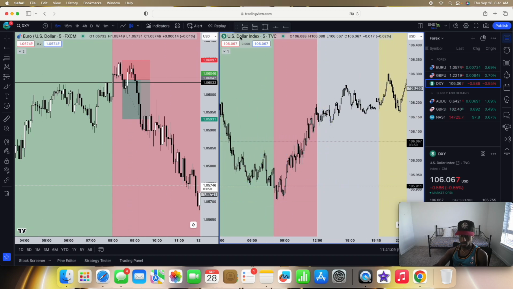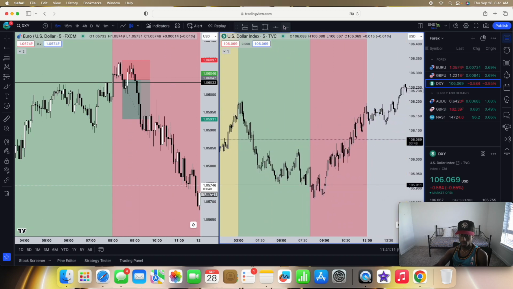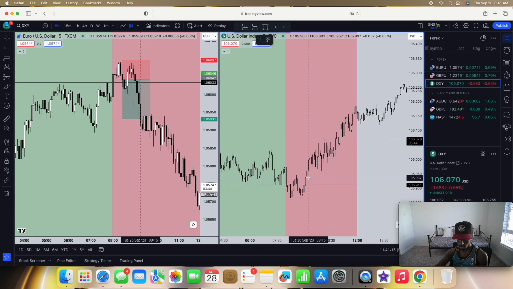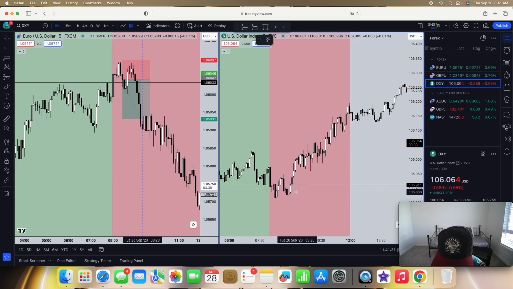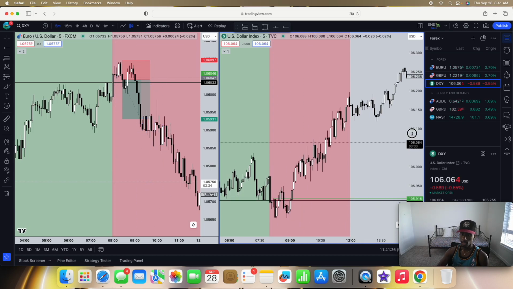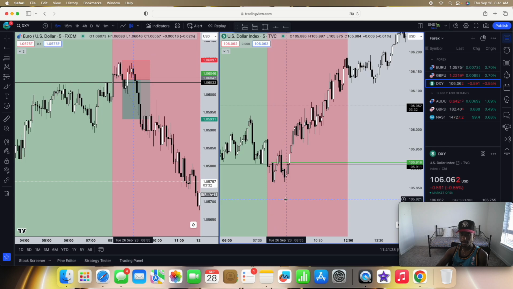Okay, sub liquidity, broke structure right here. A little bit of drawdown, but the same drawdown happened on EU. See, the same drawdown happened on EU.